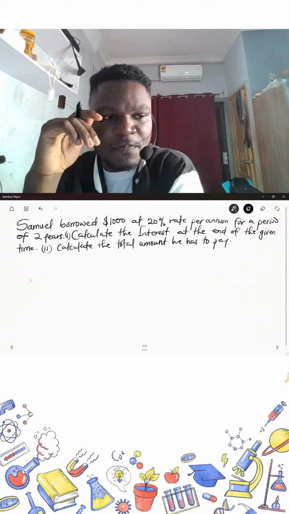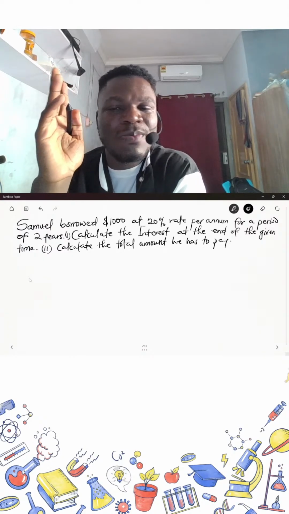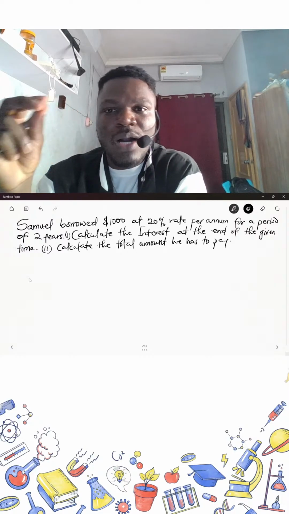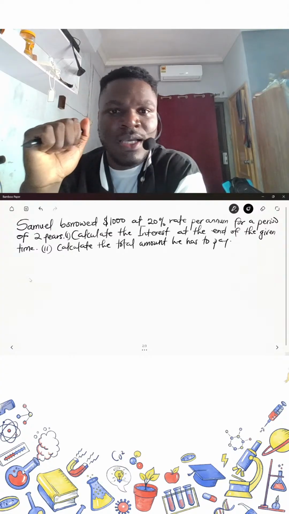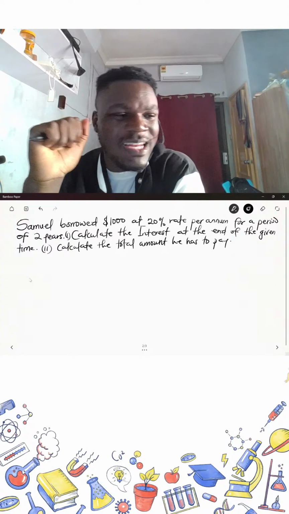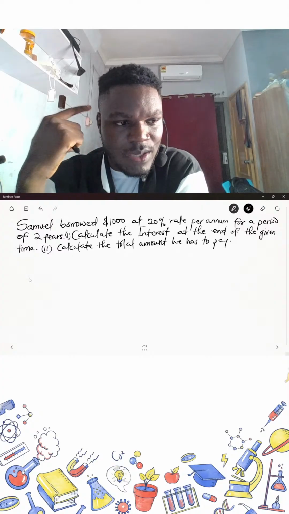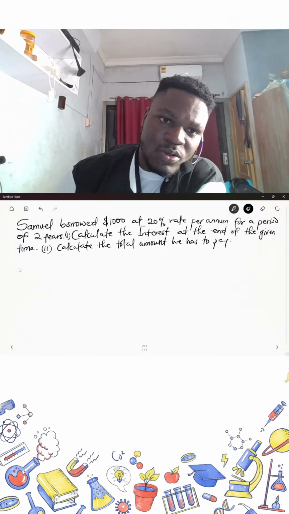So we have Samuel borrowed $1,000 at 20% rate per annum for a period of 2 years. We had to calculate the interest at the end of the 2 years, and then also calculate the amount of money that he has to pay. And that is the question that we are looking at today. All right, so let's proceed to look at the solution to this problem.